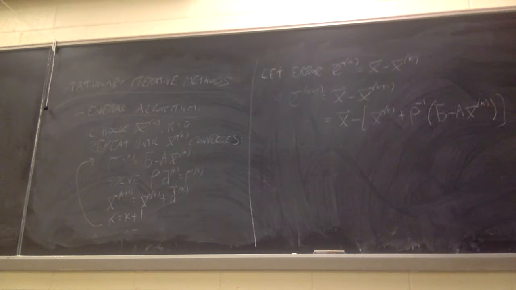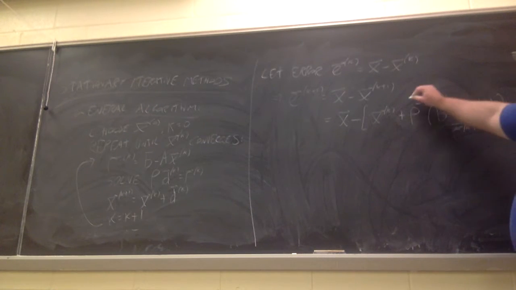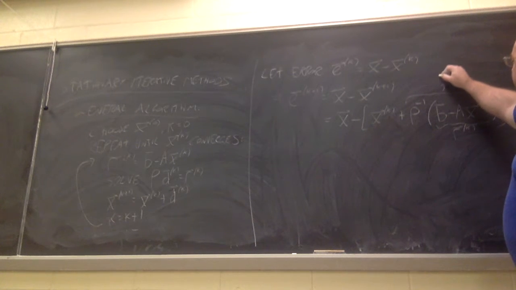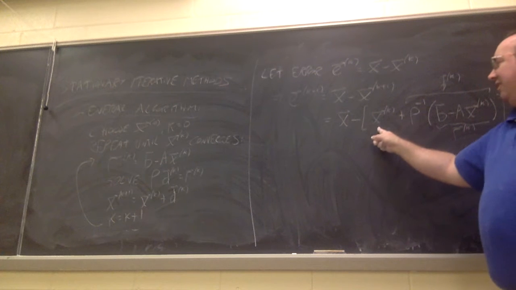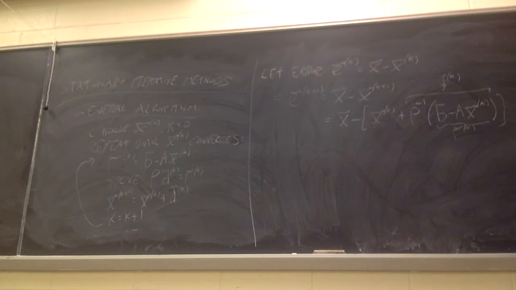So to unravel all this, that's rk, that is dk, and that's what's added on to xk to get xk plus 1.